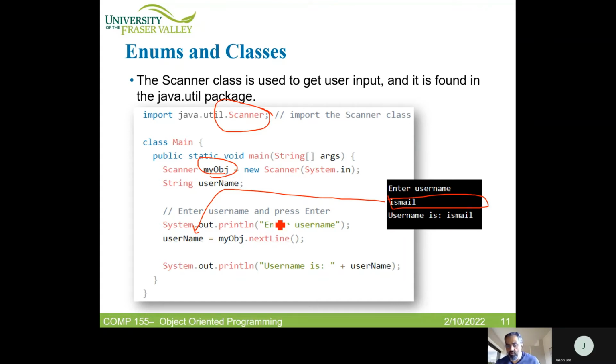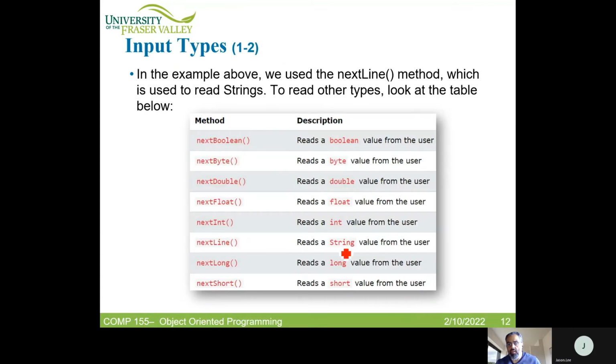The first method is nextLine. I can go ahead and access different methods to get different types of input from the user. Like here, nextBoolean, nextFloat, nextInt, nextLine. We have already practiced it.